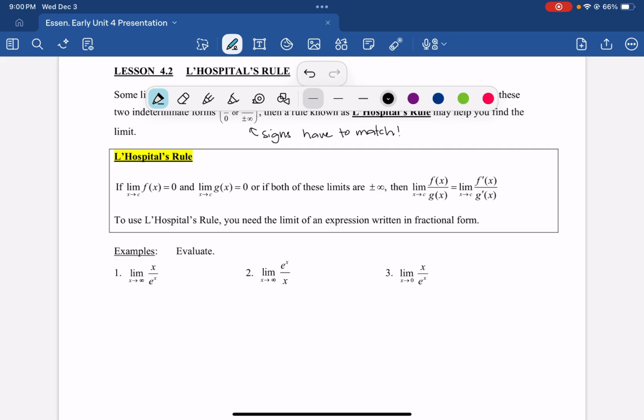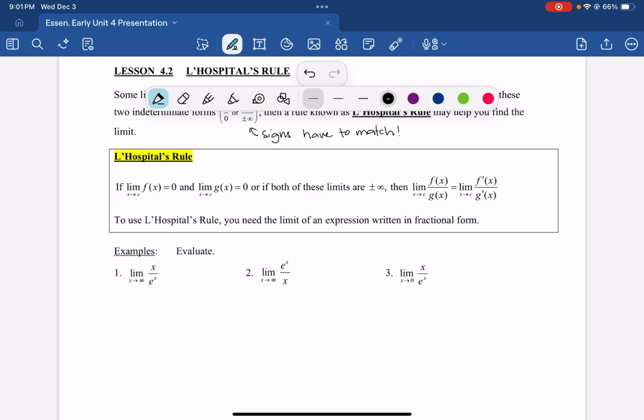So that says that if we get this indeterminate form, 0 over 0 or infinity over infinity, then we can take the derivatives of our two separate expressions and then take the limit again, okay?